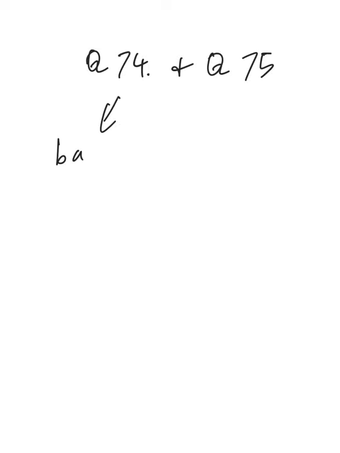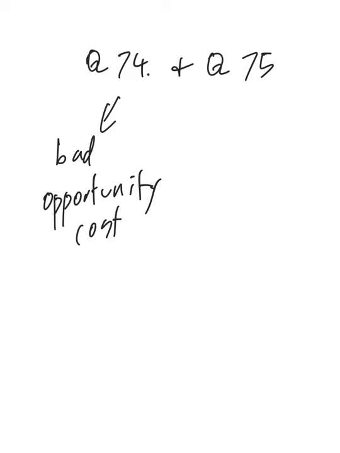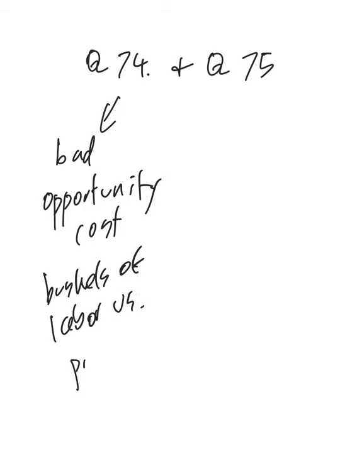Question 74 is a bad question, I realize, because it is asking you about opportunity cost, but the information you are given is in terms of hours of labor versus production of the real good, whether coal or whatever.